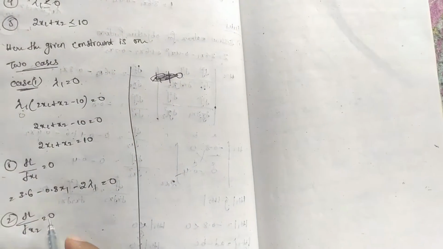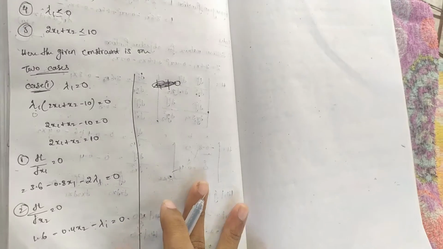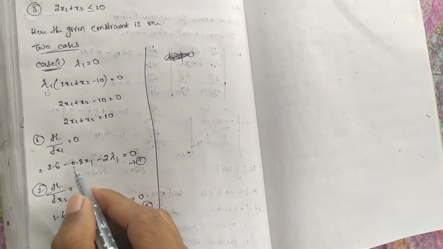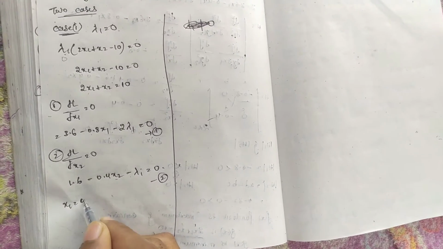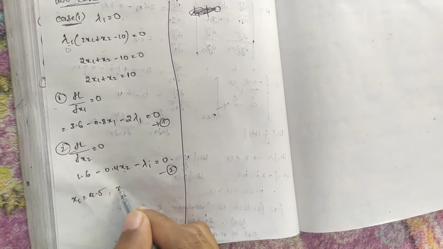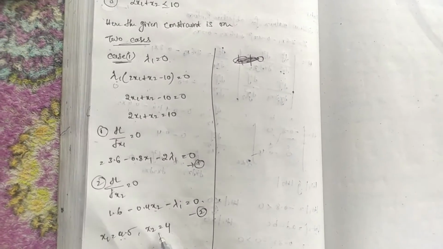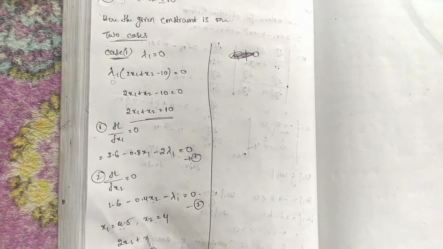We get 1.6 minus 0.4 x2 minus lambda 1 equals 0. Take this as equation 1 and this as equation 2. By substituting these two equations, we get x1 equals 4.5 and x2 equals 4. This x1, x2 we substitute in the equation 2x1 plus x2 equals 10.